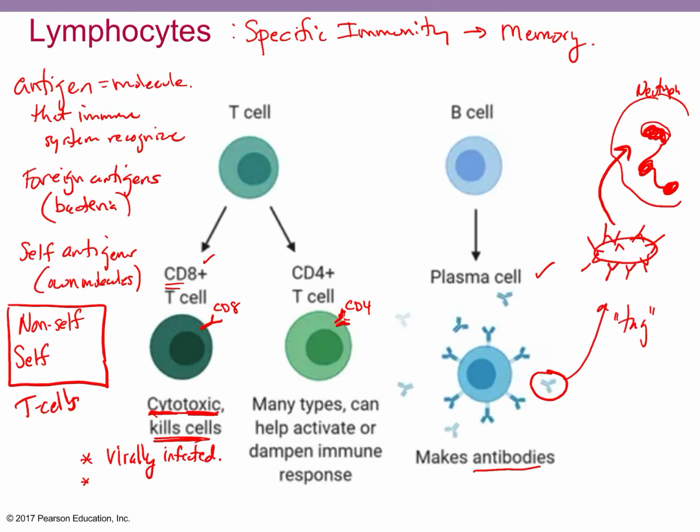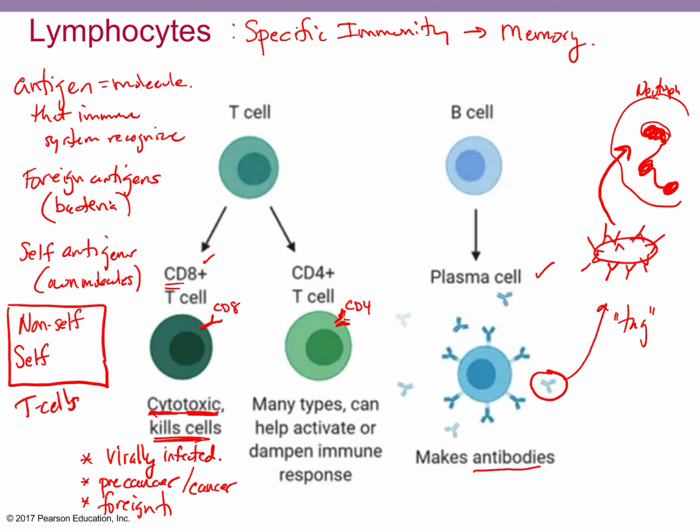And so your CD8 T cells can detect that and destroy that. So they're very, very good for viruses. They're also very, very good for precancer or cancer, because when you're developing cancer, when your cells are being transformed from normal to cancer, your T cells can recognize that change. So these are very, very good for virally infected cells and cancer cells.